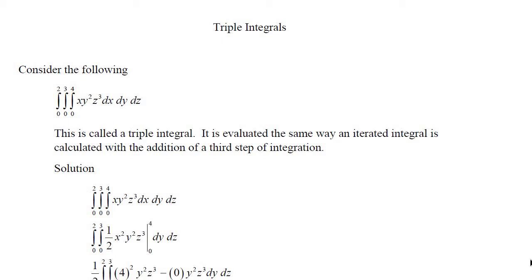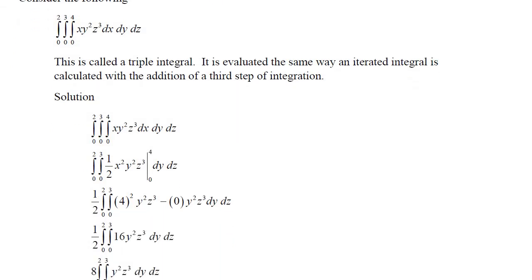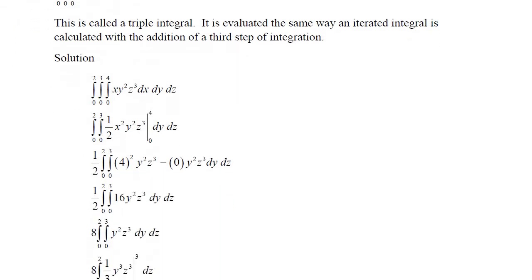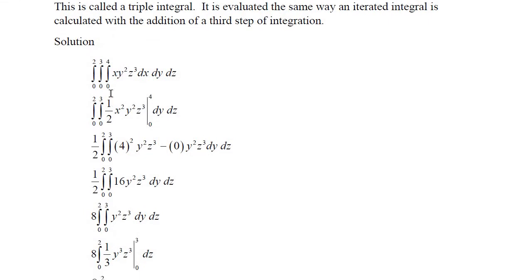So let's go ahead and integrate this. The process is pretty much the same. So the solution to this: if I integrate with respect to x, I add 1 to the exponent, divide by the new exponent, and then plug in my endpoints, bringing my 1/2 out.